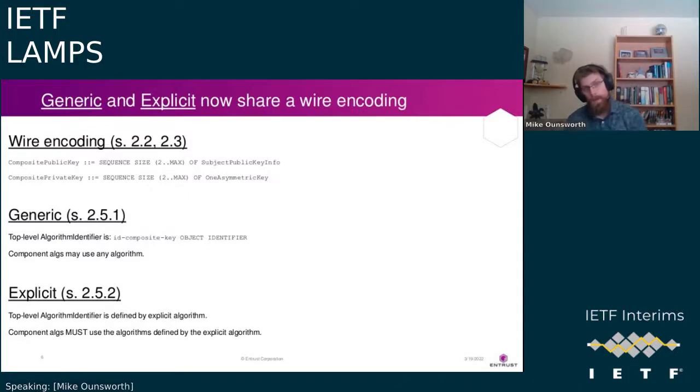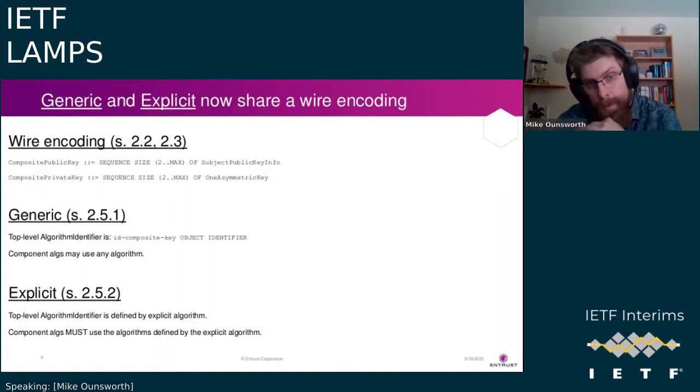So, wire encodings. The wire encodings that are shared by explicit and generic composite will be in the upcoming draft. In both cases, they are a sequence size 2 to max of SubjectPublicKeyInfo for the public key. The private key is a sequence 2 to max of OneAsymmetricKey. In the generic case, the top level algorithm identifier is id-composite-key, which we're just going to define, and then the component algorithms can be anything at runtime.